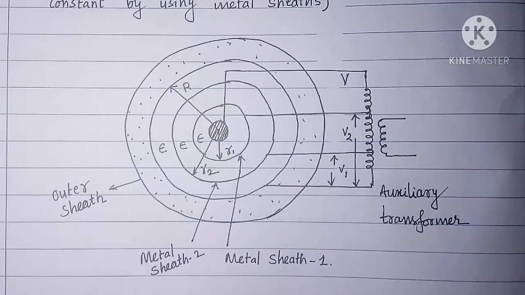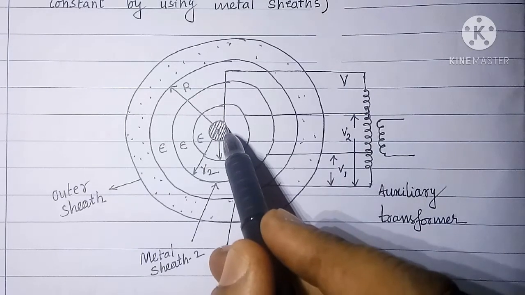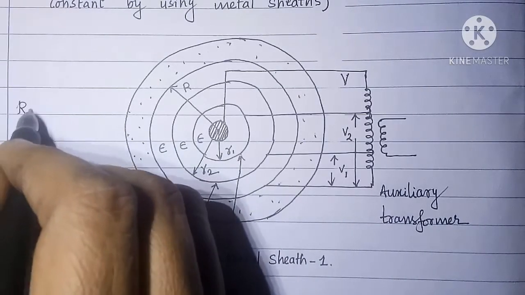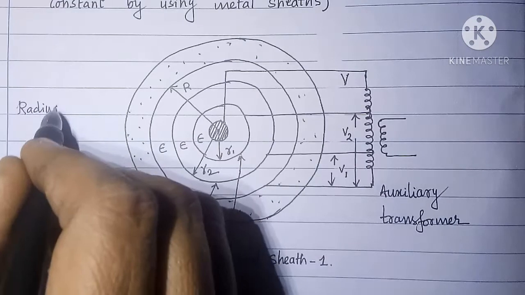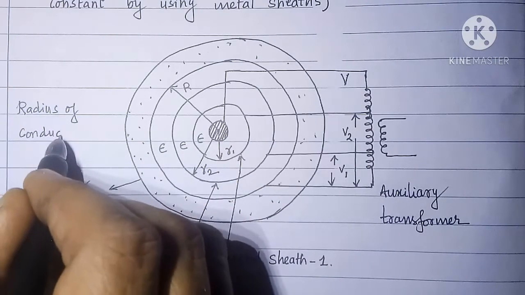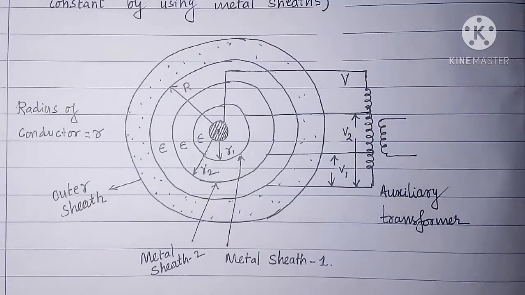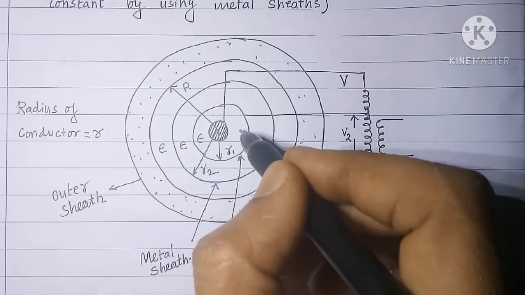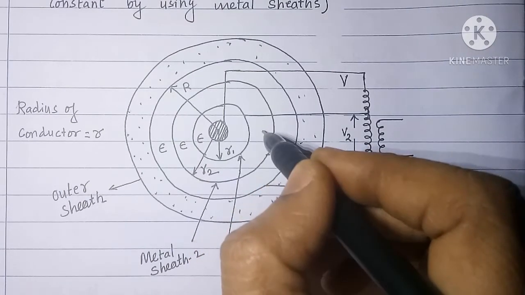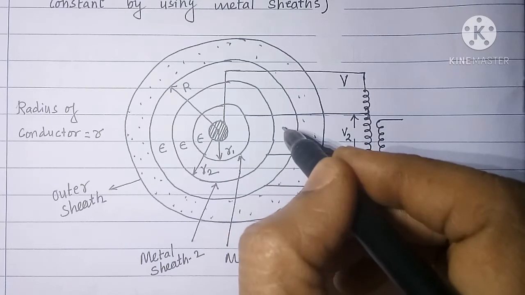Here in this figure you can see a conductor of radius r. I will write that here. Radius of conductor equal to r. First insulator, second insulator, and the third insulator.